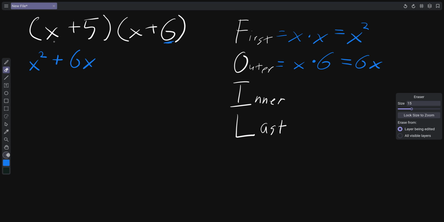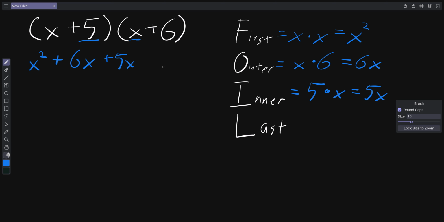Now, we work on our inner terms for the third part. That's going to be the 5 here and the x here. So we do 5 times x. That is going to simplify to 5x. And then we add 5x here because that's positive.